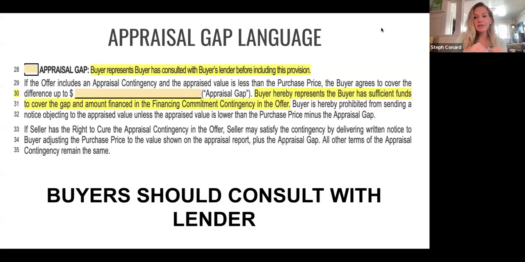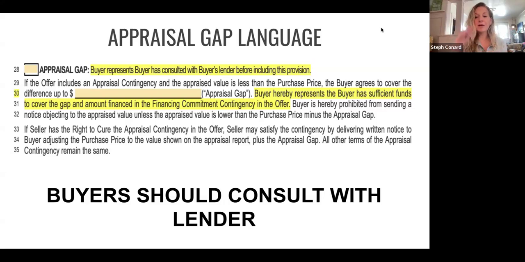So the buyer hereby represents the buyer has sufficient funds to cover the gap and the amount financed in the financing commitment contingency. Buyer is hereby prohibited from sending a notice objecting to the appraised value unless the appraised value is lower than the purchase price minus the appraisal gap. So there are options for the buyer in terms of attempting to object to the appraised value or negotiate based off of an appraised value.